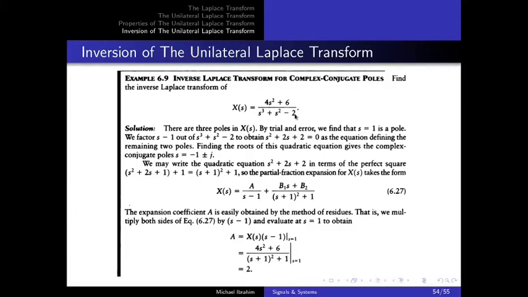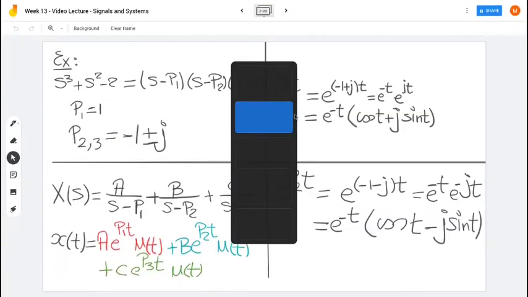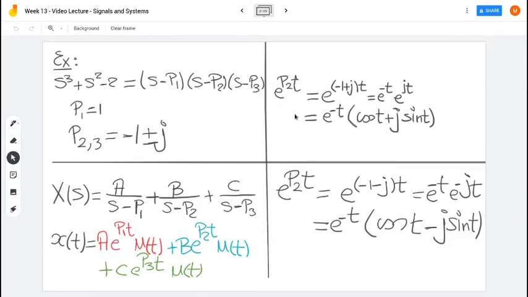So let's move to our whiteboard. The denominator we have is s cubed minus s squared minus 2. Using your calculator, you can easily find the roots of this polynomial to be 1 and minus 1 plus minus j, which means that this polynomial can be expressed as s minus p1 times s minus p2 times s minus p3.